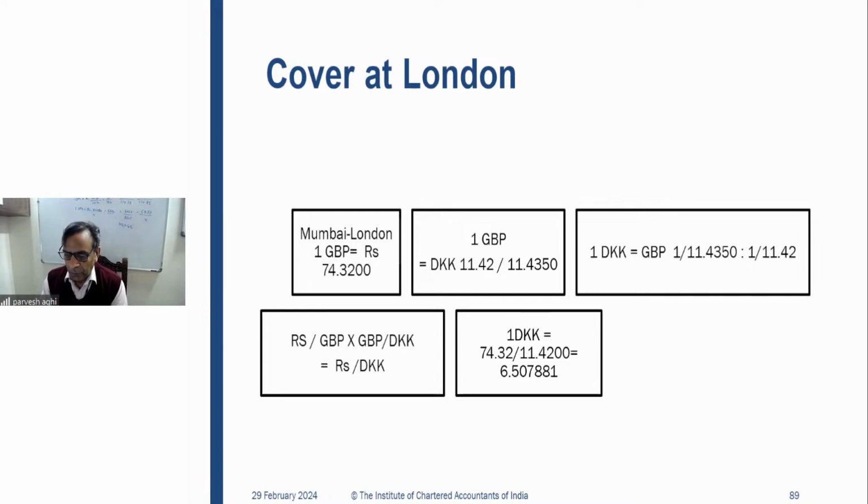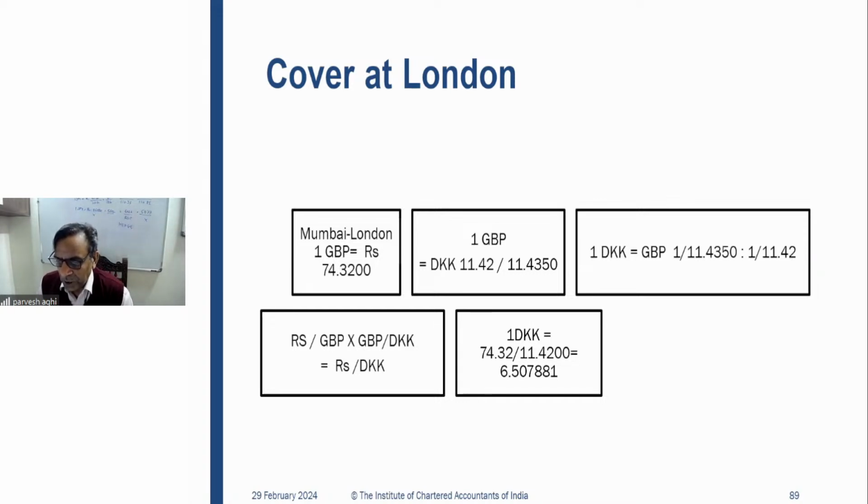So 1 Danish kroner would be, since the rates are given, we can just make a division, or we can multiply this. 1 DKK will be 74.32 into 1 divided by 11.42. Okay, fine. Or we can do simply a division by taking that rate. So we get the rate of 6.507881.